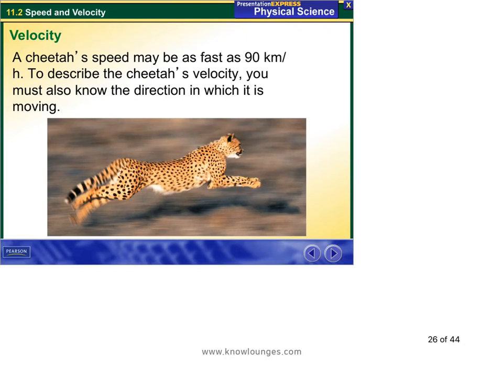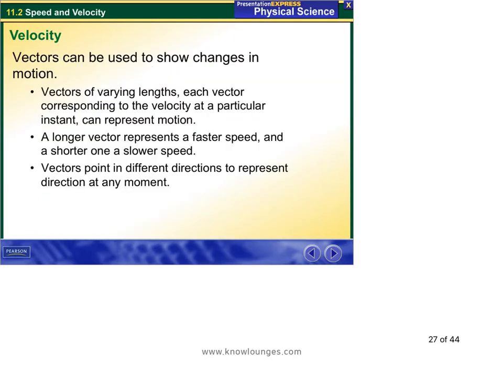The cheetah can go as fast as 90 miles or 90 kilometers per hour. If that would be its speed, if we wanted the velocity, we would add the direction it's moving in addition to that.